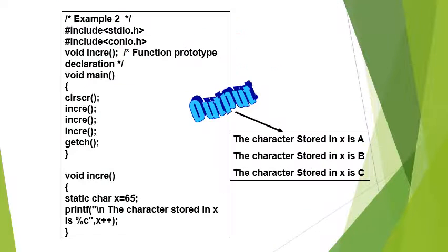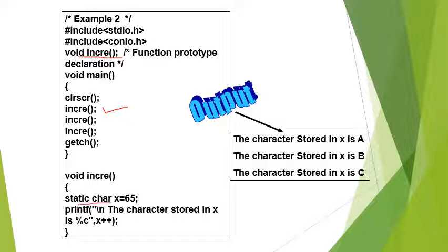Now we can see another example for the static variable. Here we are using a small function, increment of function. We declared the function, and then in the main function we are calling increment of in different ways. So first, when it calls increment of, it will go to increment of.